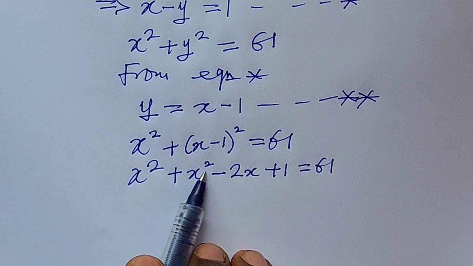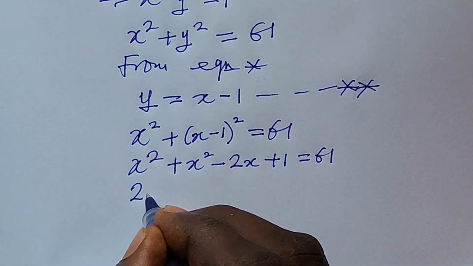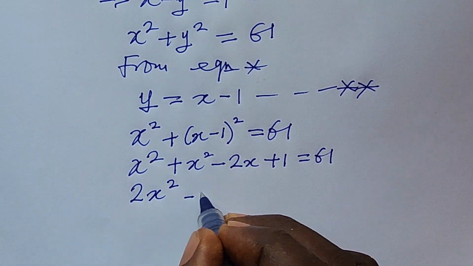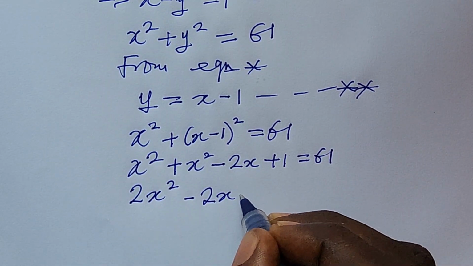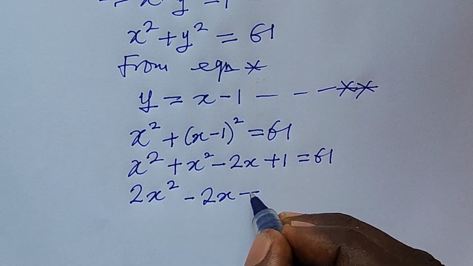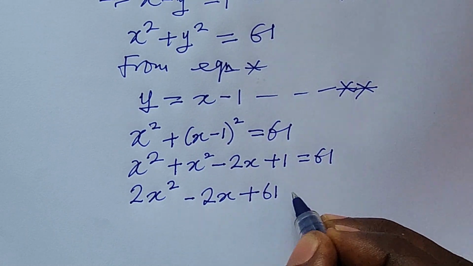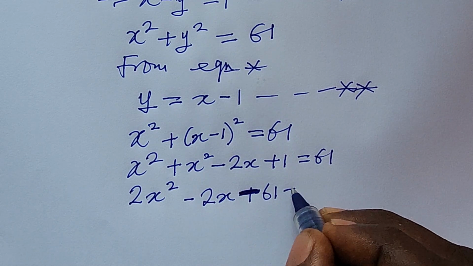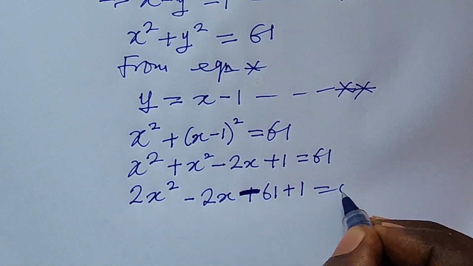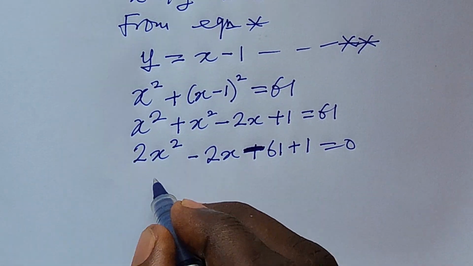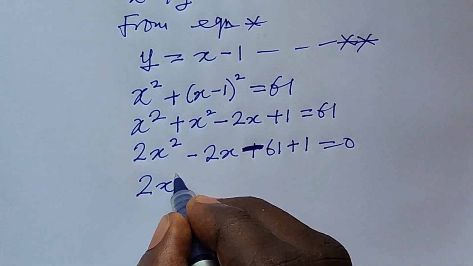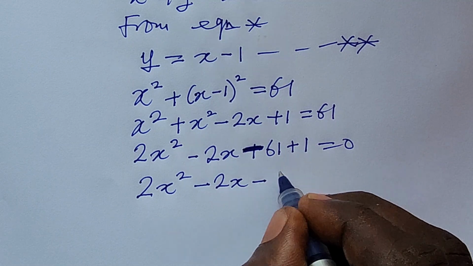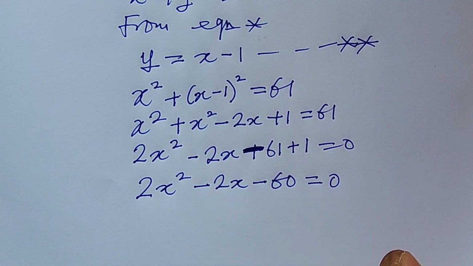We have 2 of these, so this gives us 2x to the power of 2, then minus 2x. Then if we move this to this side, we get minus 61 plus 1. This is equal to 0. So this will now end up giving us 2x squared minus 2x minus 60 equal to 0.